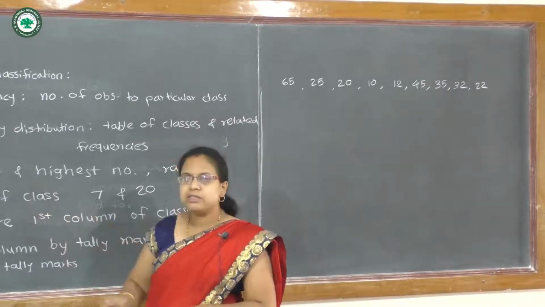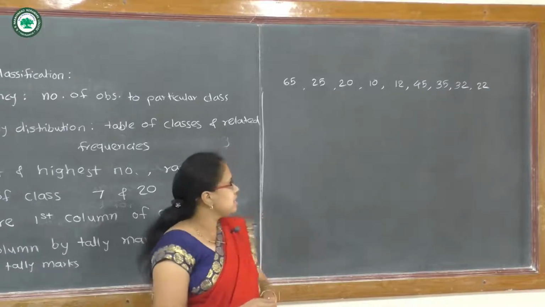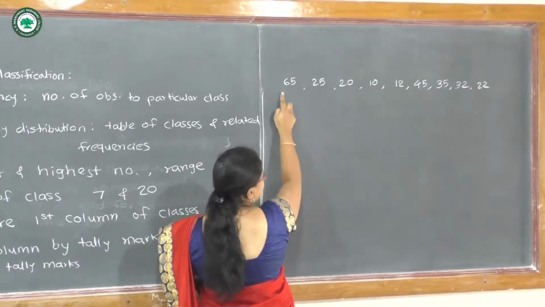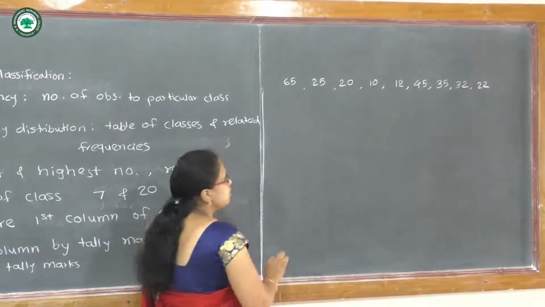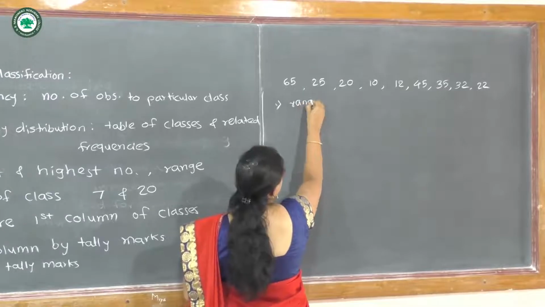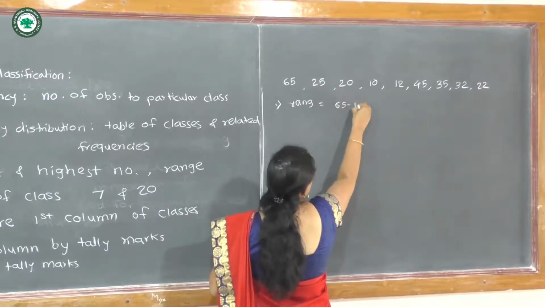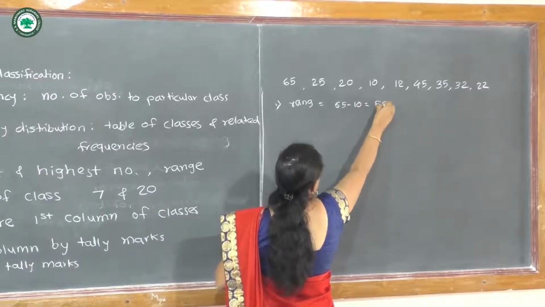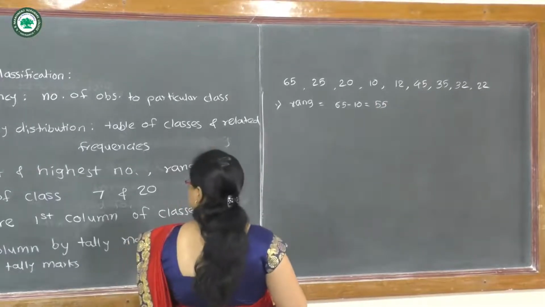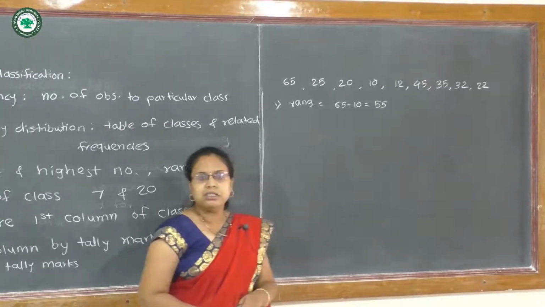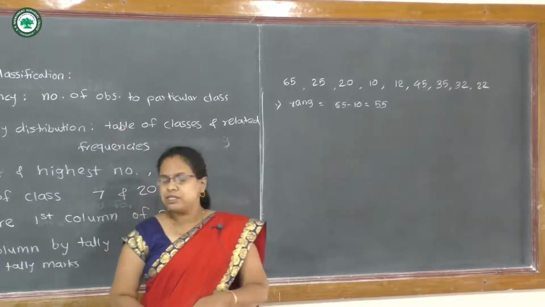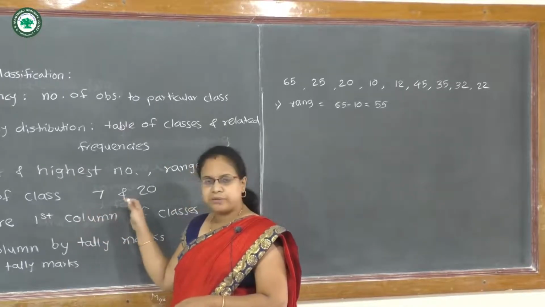So the first step is to find the lowest and highest number. Here we can see that the lower number is 10 and the higher number is 65. So we find the range, which will be 65 minus 10, that is 55. This is the range of the given data. In the next step we decide the number of classes. We can choose the number of classes by our choice, but there is a preferable number.